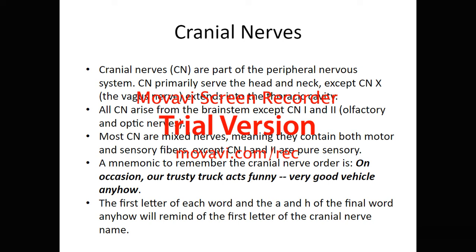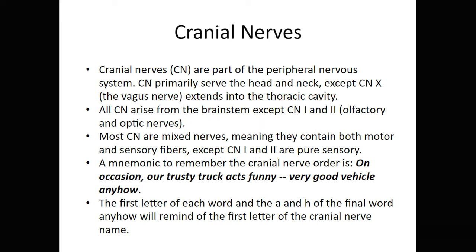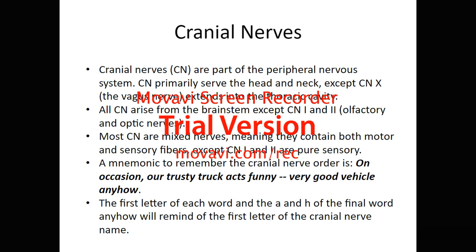Those motor neurons are going to be going away from the brain. And most of the cranial nerves are mixed, except for cranial nerves 1 and 2, olfactory and optic nerves. Those are pure sensory.